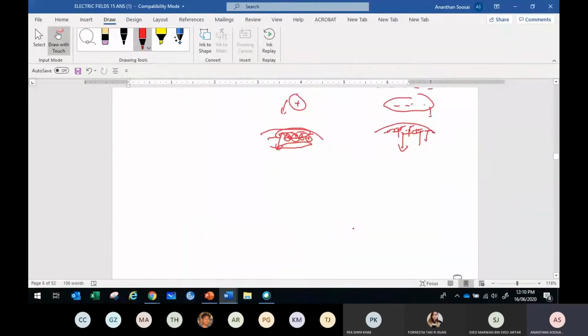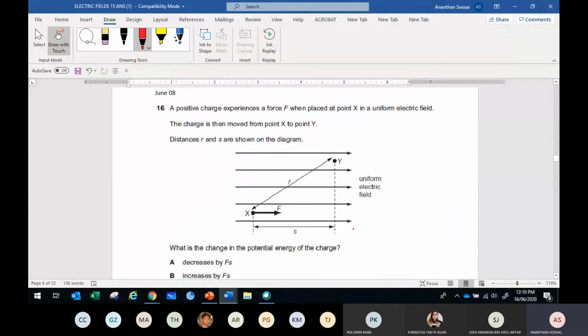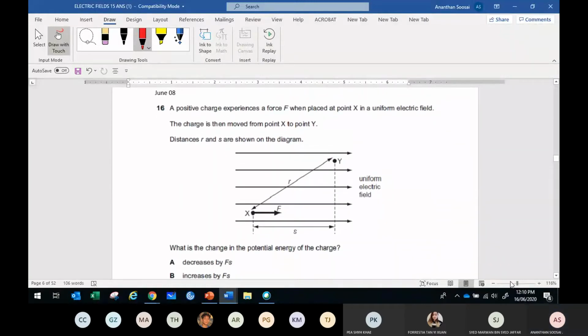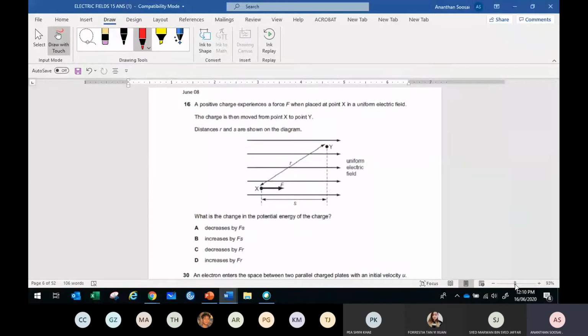After the question, yeah, this one. Okay, page 21, question 16. What's the answer?